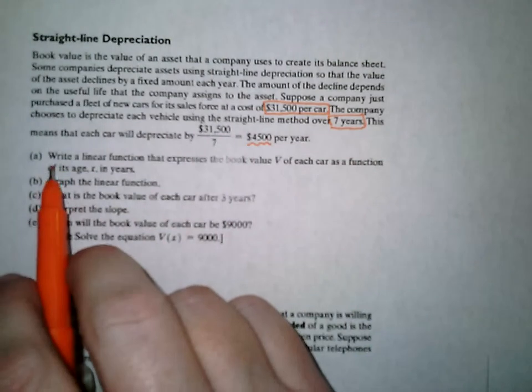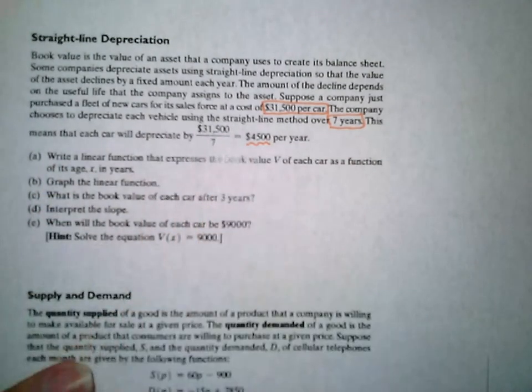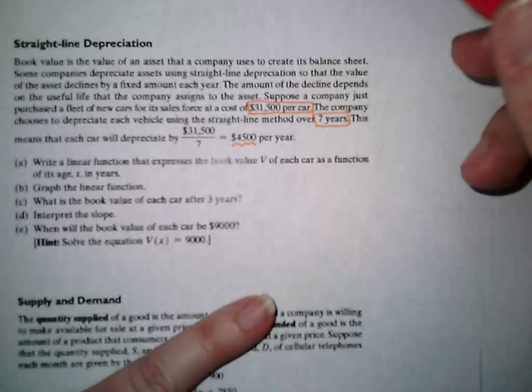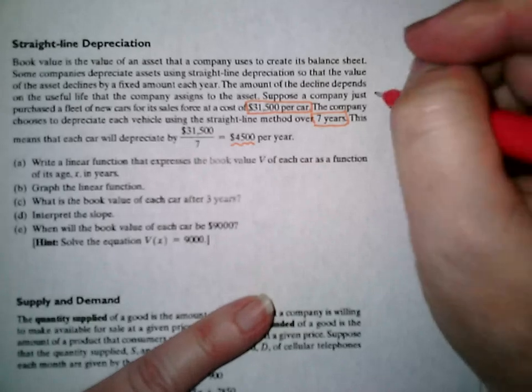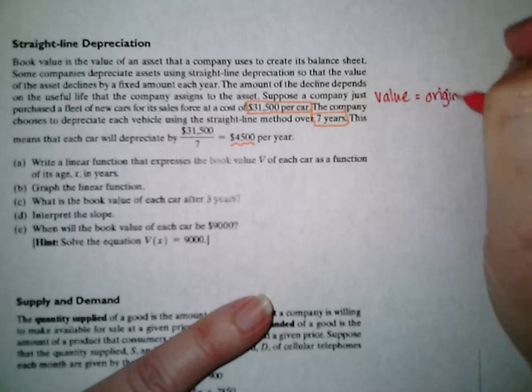Then we're going to use a linear function that expresses the book value V of each car as a function of its age T in years. So if you think about it, the value of our item is going to be the original value, or what we paid for it.